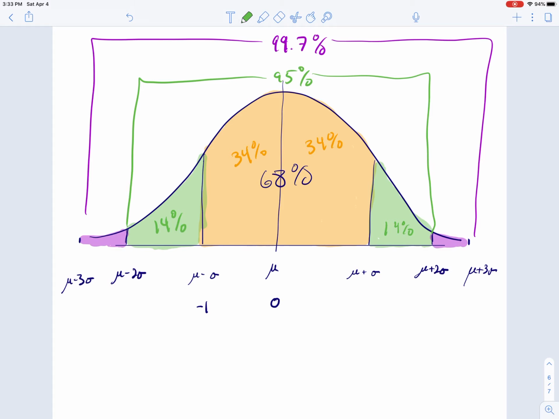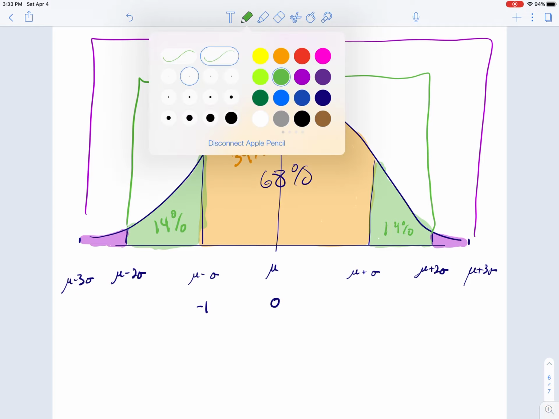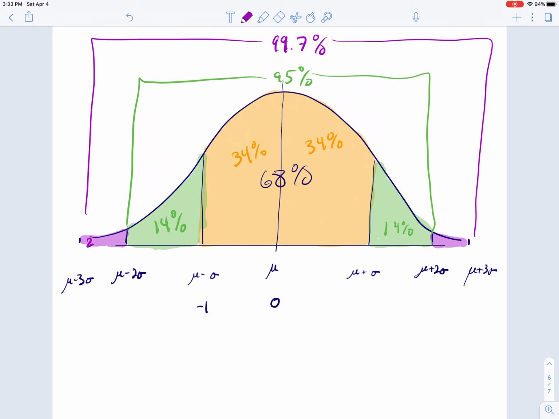Now if we've used 95%, what's remaining is 4.7, so say that was 4.6, divided by 2 is 2.35. So this should be about 2.35% of the data, and I think this one is also 2.35% of the data, right?